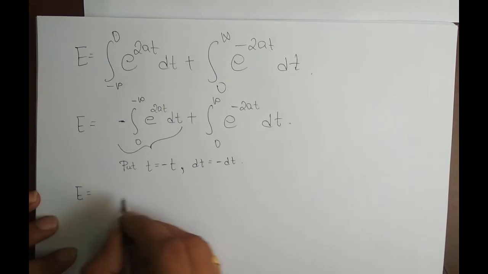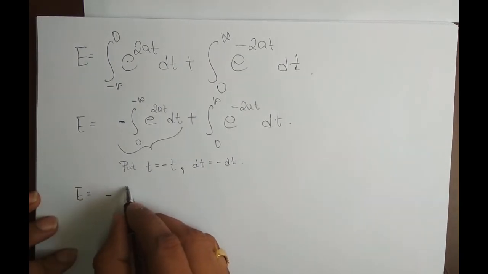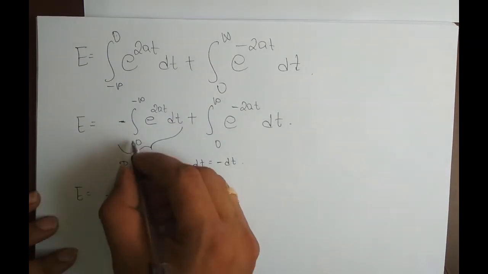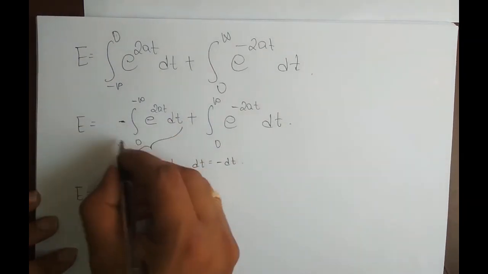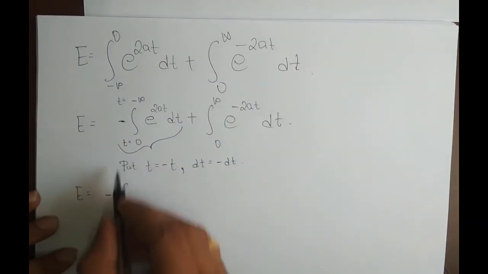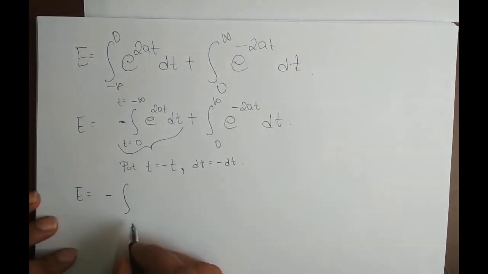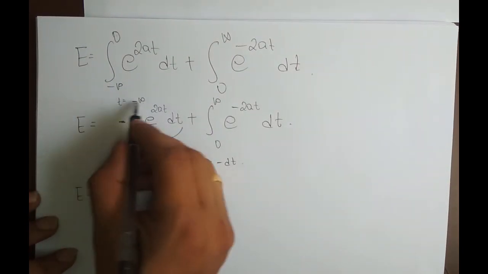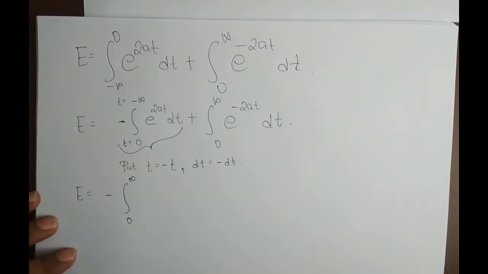E is equal to minus of, so t is varying from 0 to minus infinity. So this is actually t, right? t is varying from 0 to minus infinity. So now minus t is equal to 0. So if this minus goes to the other side, I get 0 itself. Now minus t is equal to minus infinity. So minus minus cancels out, I get plus infinity.